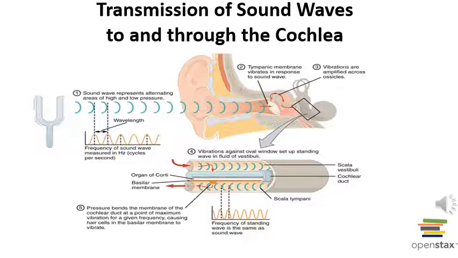And if I take a look at the scala tympani below, I see the returning sound waves. And in between the two, I see, illustrated in blue, in the middle is my cochlear duct, i.e. the scala media.